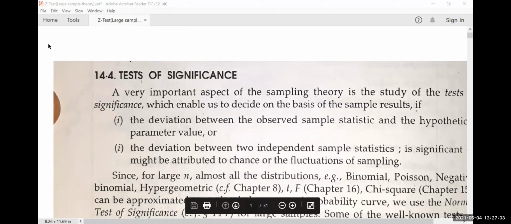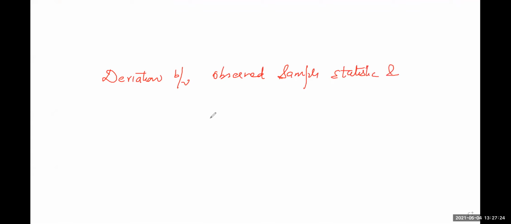अब डेविएशन बिटवीन, अभी हमने कल बात की. Deviation between observed sample statistic and hypothetical parameter value is significant or not.